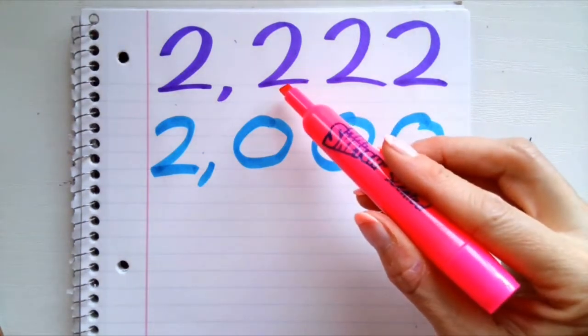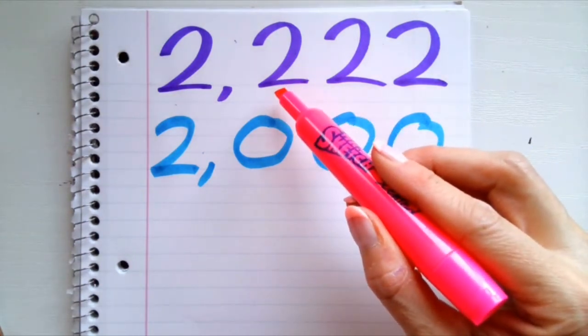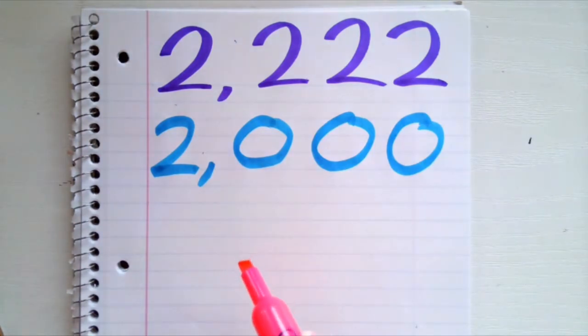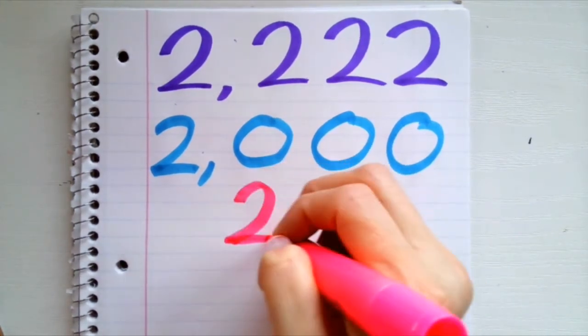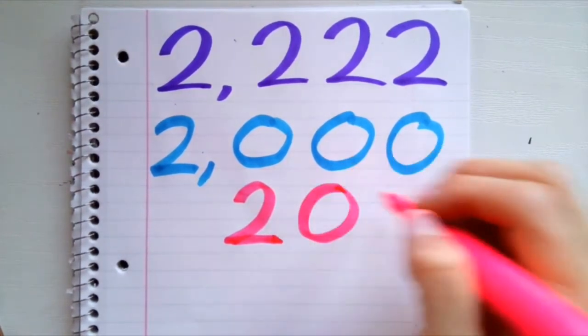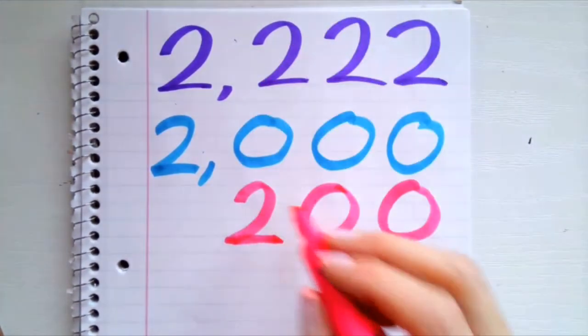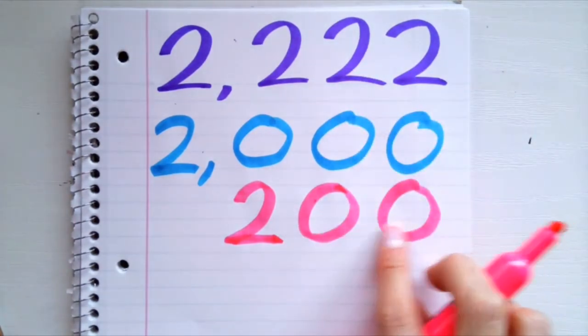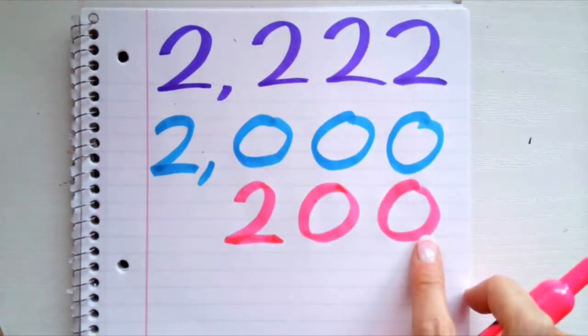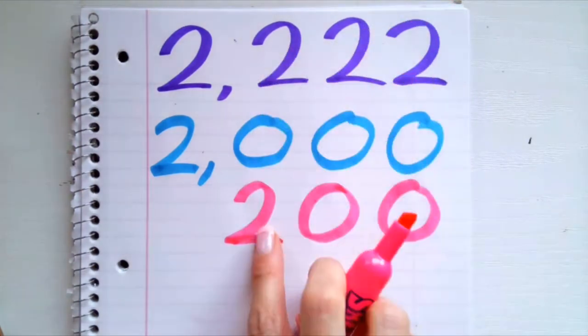What about this 2? What place value is it in? That's right, it's in the hundreds. We know this because when we put this digit and put zeros instead of the other two 2s, we can see it's worth 200 because of where it is.